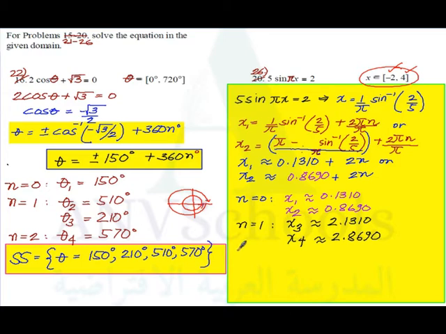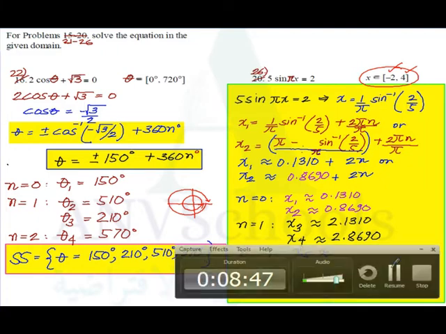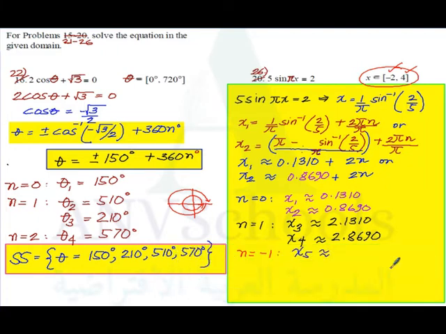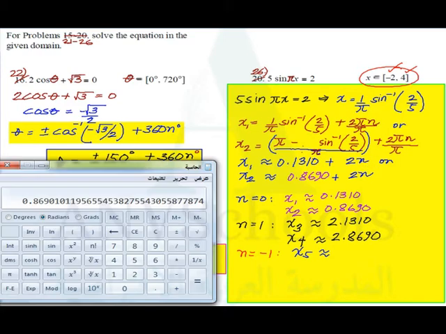So let's try that. When n is equal to negative 1, for example, we will have x5 approximately negative 2 plus 0.1310.